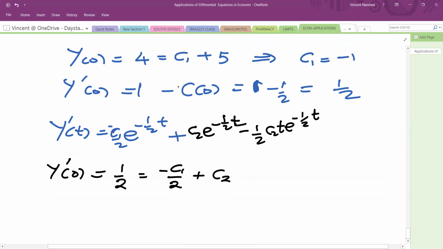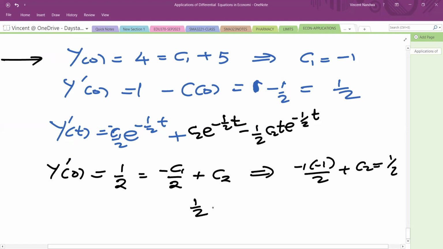We know that C1 is negative 1. So negative of negative 1 over 2 plus C2 should give us a half. So a half plus C2 equals a half, which means C2 is 0.